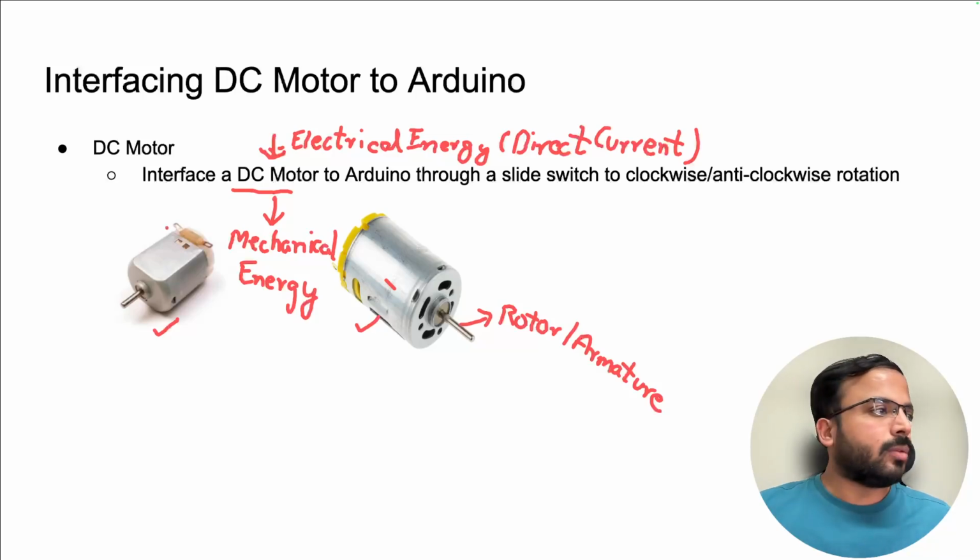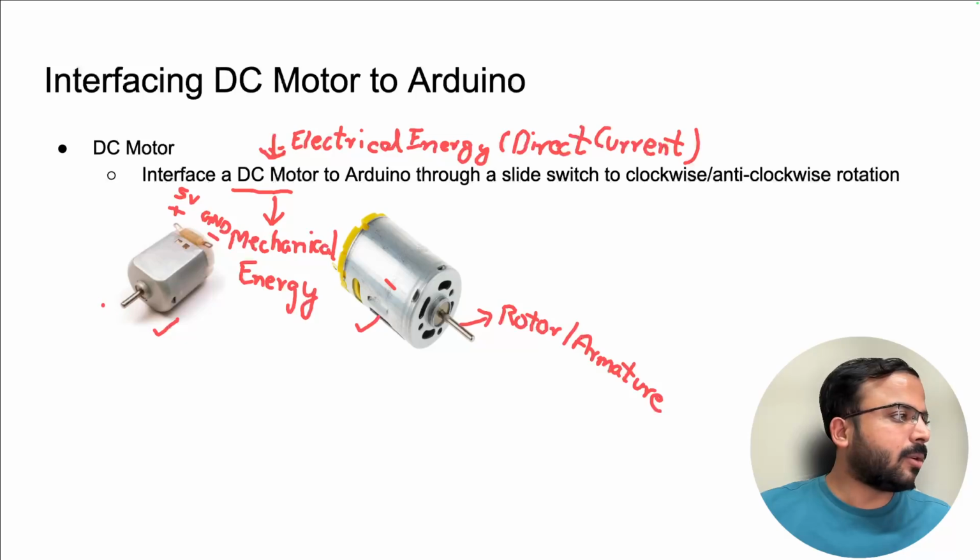Now you see there are two poles. You can connect a plus or you can connect a minus. Let's suppose you connected 5 volts here and a ground here. This will rotate in one particular direction.